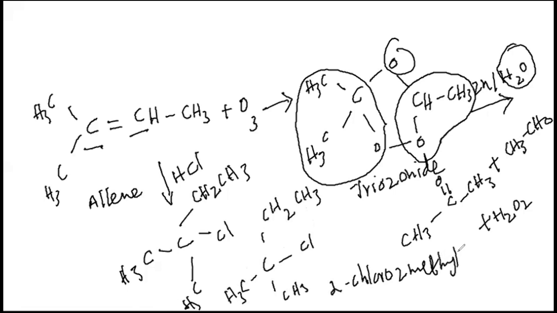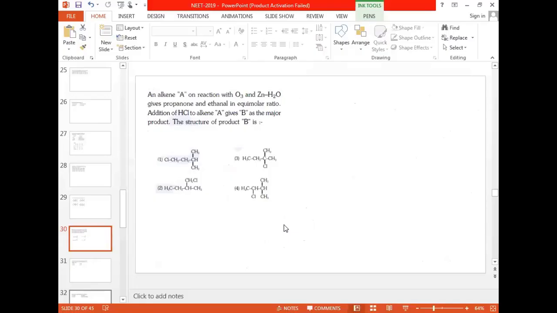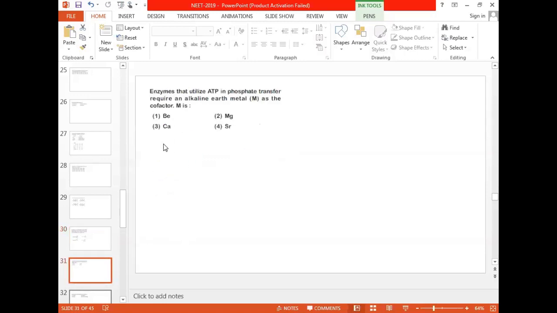Let us see that. Right. 2-chloro 2-methyl butane. Option 3. Numbering, it's 3. Correct. Right. Good. What is this? Question number 31.